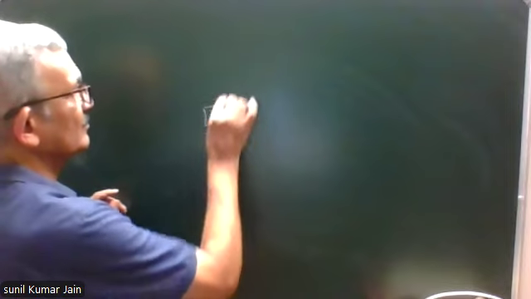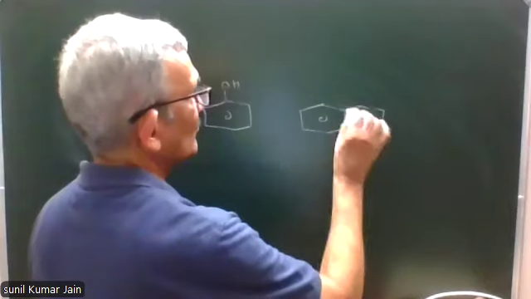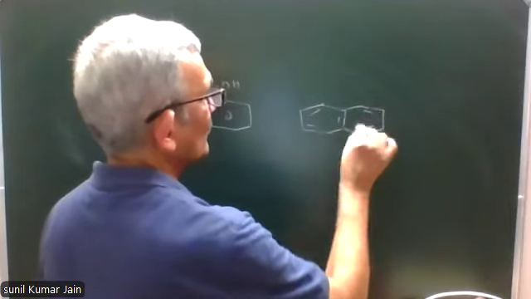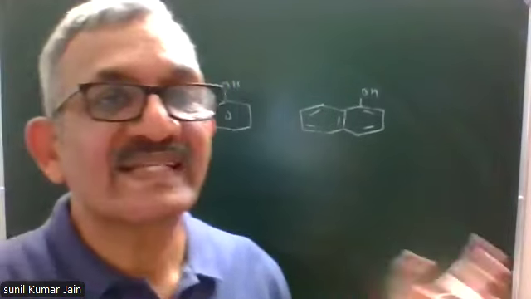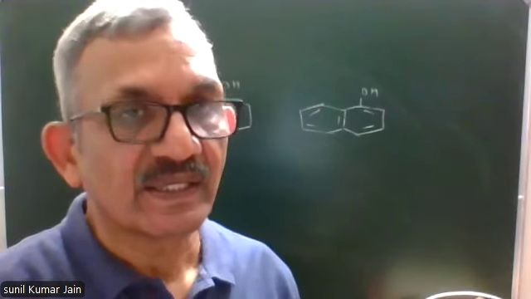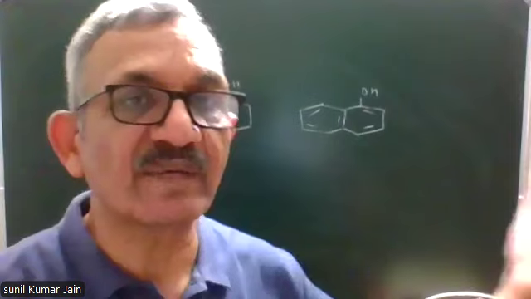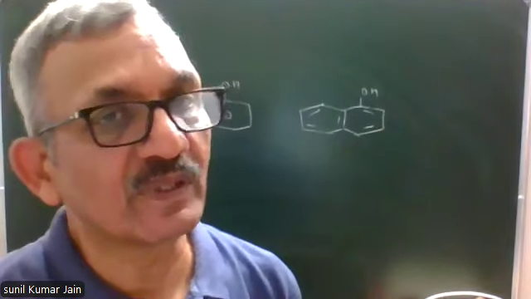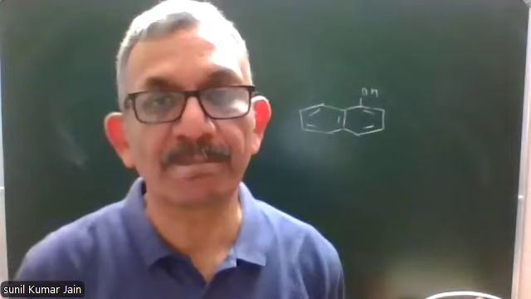For example, two benzene nuclei fused together, that is naphthalene. Naphthalene is also an aromatic compound. If you attach an OH group to any one of these carbon atoms, that will be an example of a phenol. This is naphthol, right? So these are phenols.